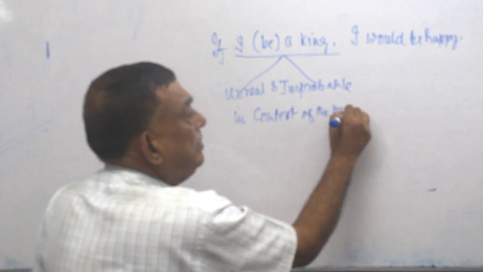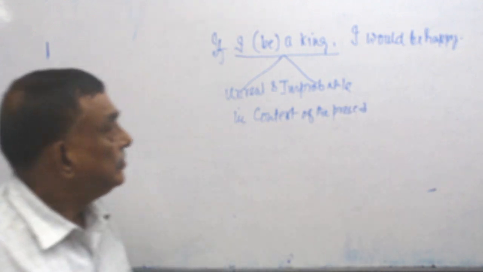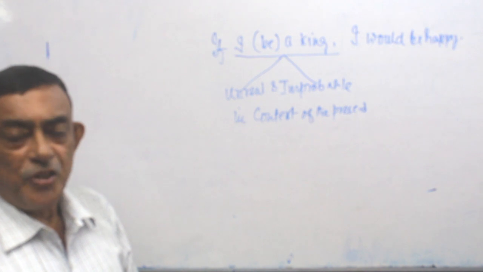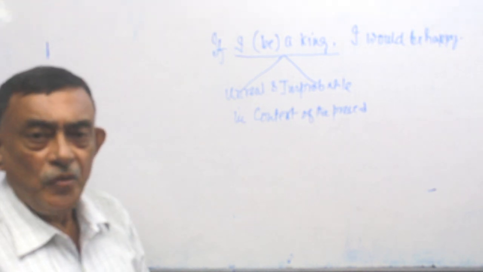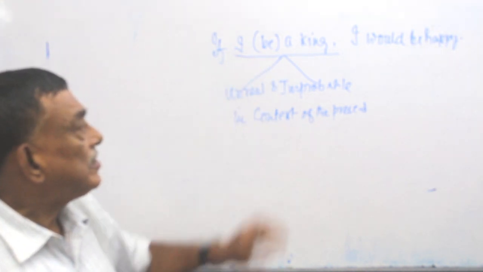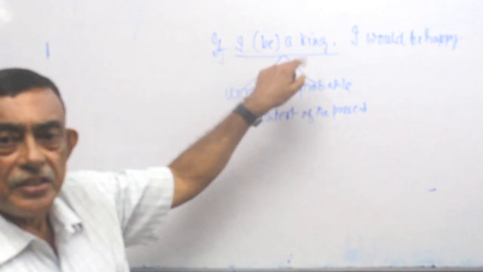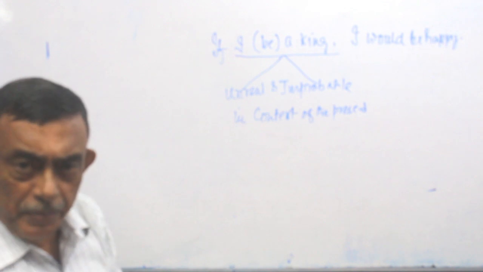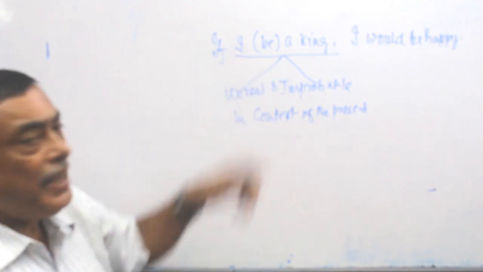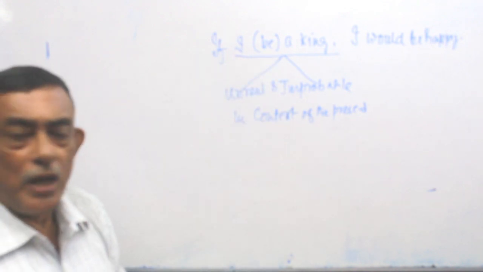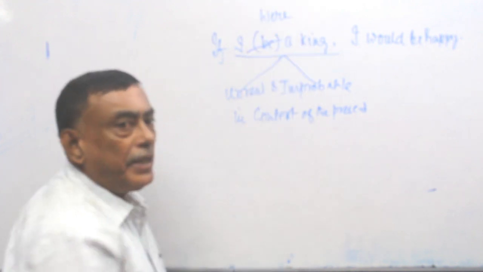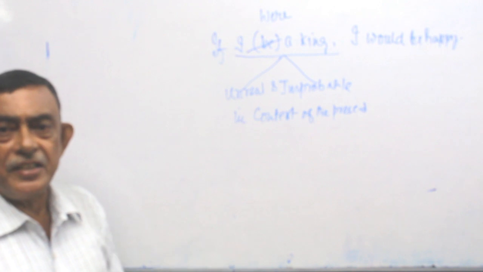Now I explain what that is. Are you a king? No. Do you have the chance to become a king in future? No. So when this type of sentence comes into play and there is unreality and improbability, then make this be verb into past plural. What is that past plural? Were. And as soon as you make it were, then the answer is there.